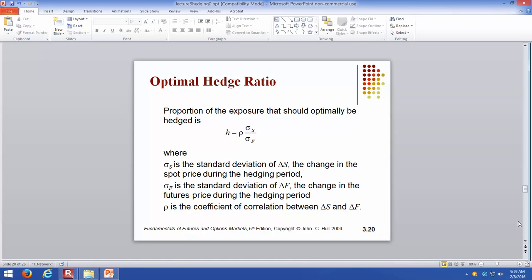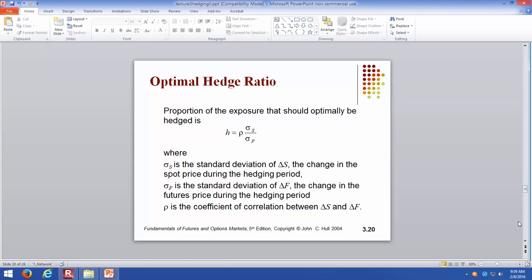And how do we figure that out? Basically, the optimal hedge ratio tells you what portion of your needs you should be hedging, and that is given by rho. Rho tells you the correlation between the asset being hedged and the futures contract being used. Sigma S tells you the standard deviation of the spot price.